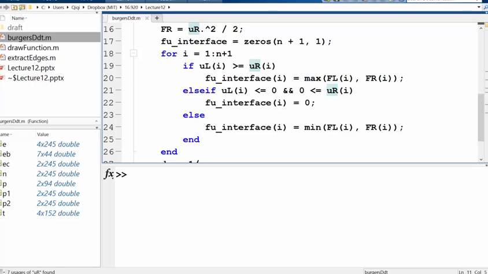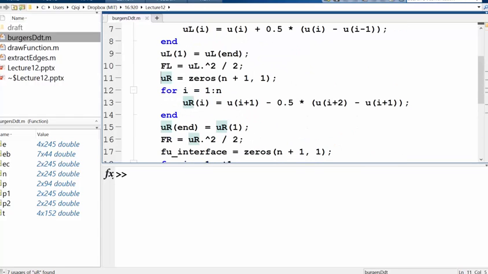Then we were not satisfied with the first order scheme, so we went back to the reconstruction of UL and UR, and we did a fancy extrapolation reconstruction. That gives us second order accuracy but creates non-physical oscillations.